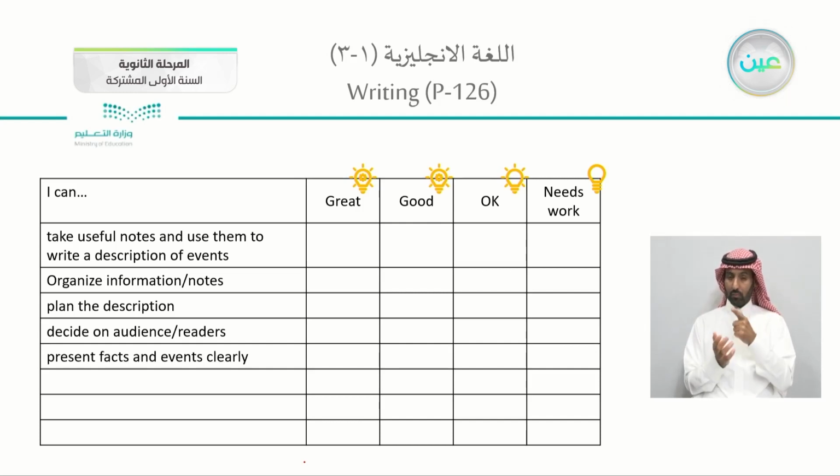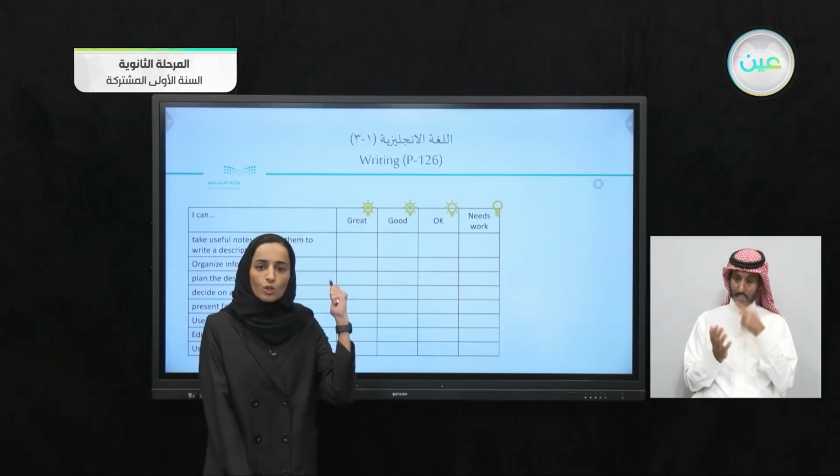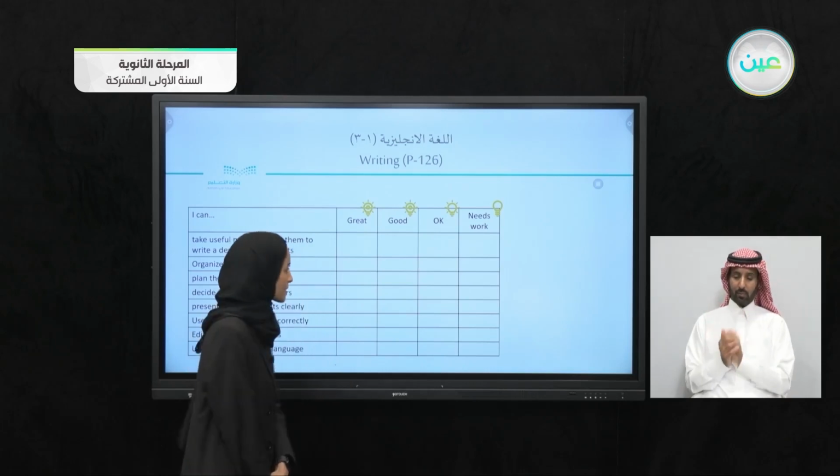Can I present facts and events clearly? Use the language and grammar correctly, which is the passive voice as well as the past tense. Edit and correct mistakes, just the thing that we have done in the previous slide, and use appropriate style, which is the formal style. Check your writing according to this one, and you can correct your own mistakes.